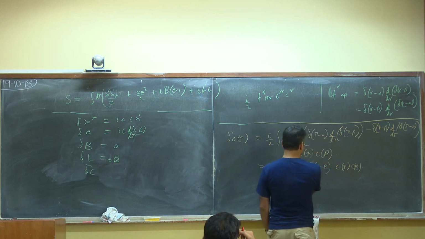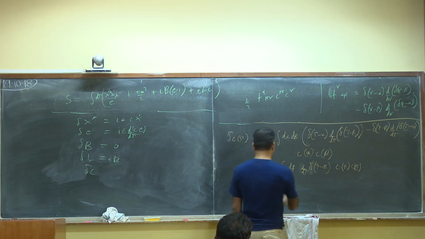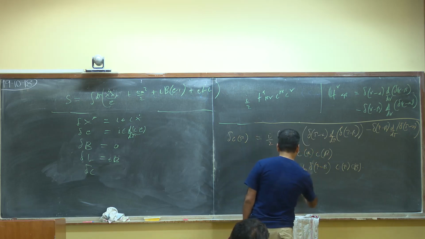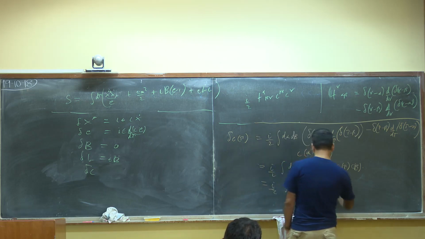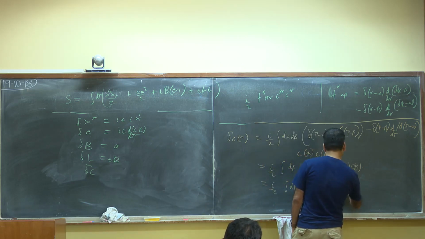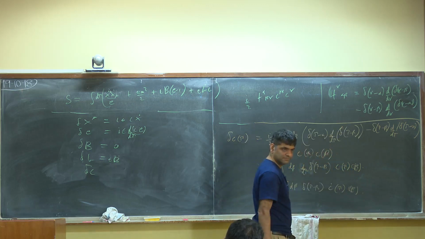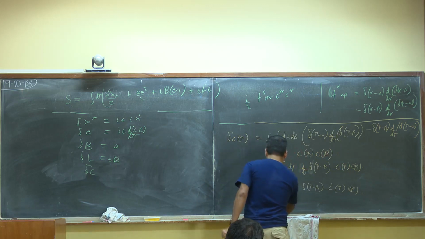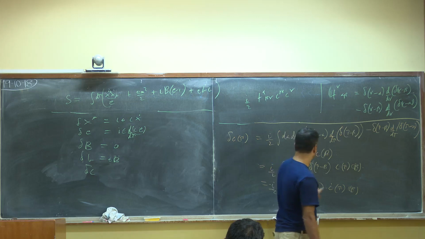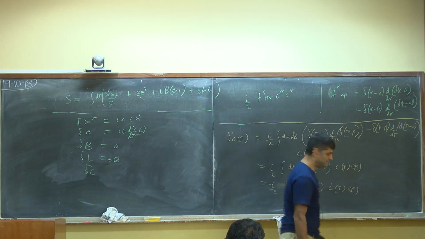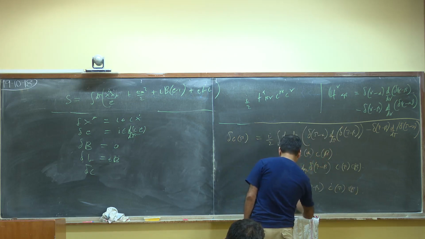Now we just integrate by parts. So that becomes integral d beta delta of tau minus beta with c dot of tau, c beta, with a minus. Okay. And then we said use the delta function to do the beta integral. So that becomes c dot tau, c tau. So that's minus i by 2 c dot of tau, c tau.